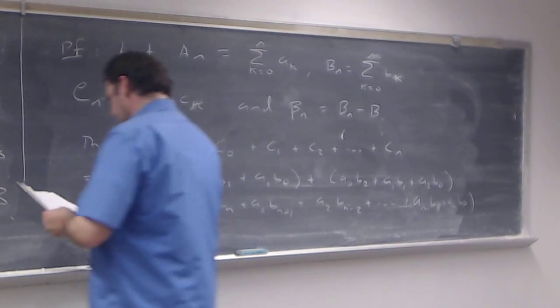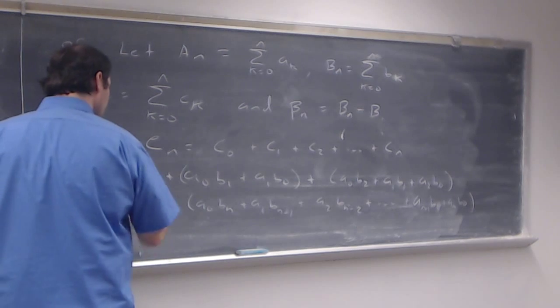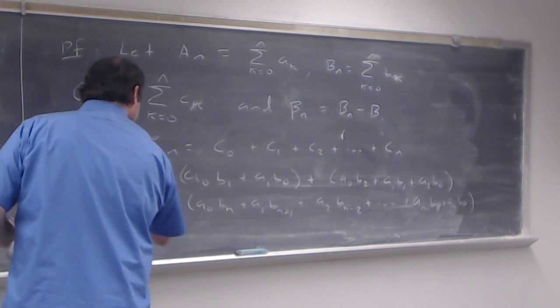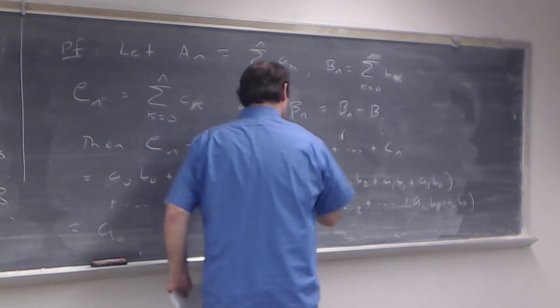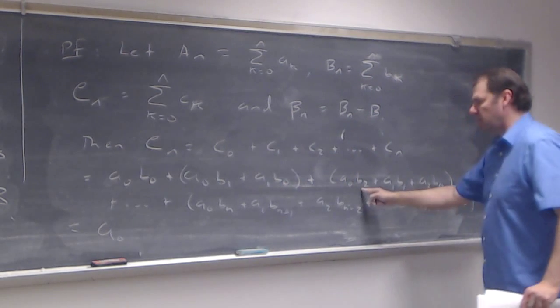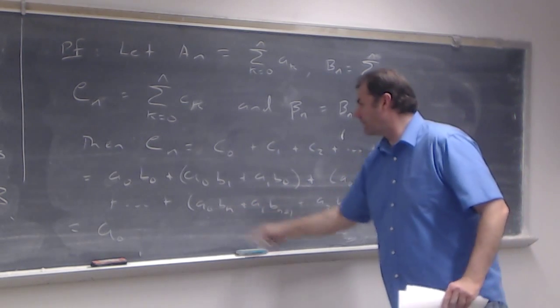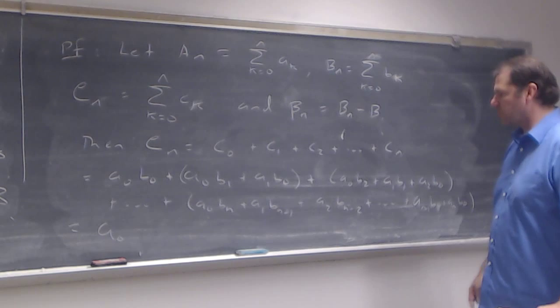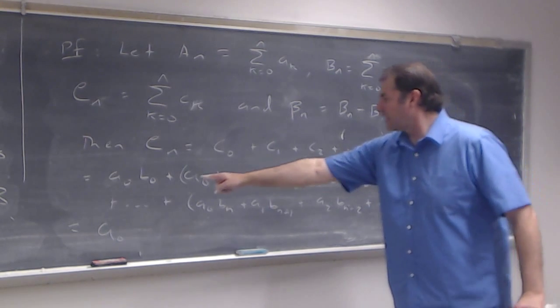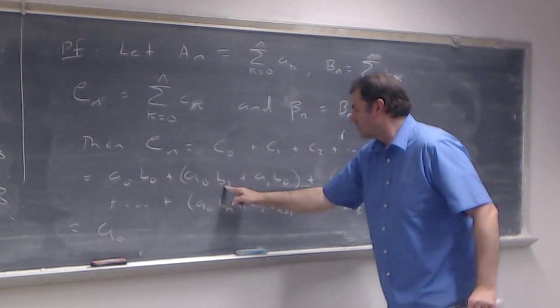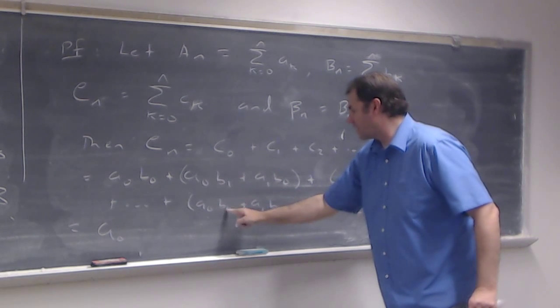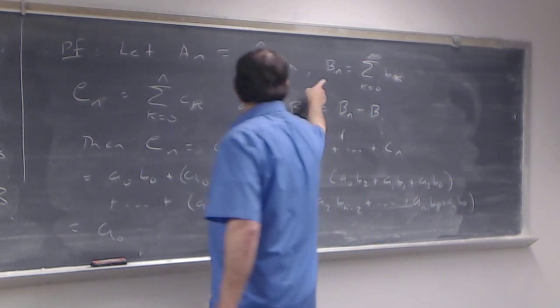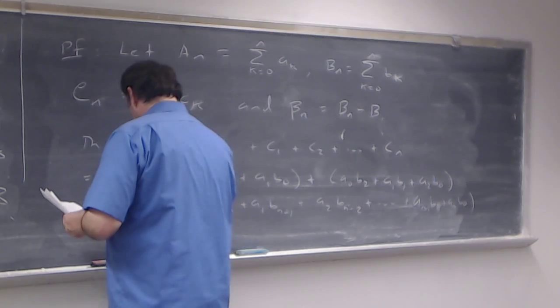Now, what we'll say is this is equal to, well, a sub 0 is in all of them. And so you pull out a sub 0, and what you're left with is little b sub 0 plus little b sub 1, all the way up to b sub n, and that is big B sub n.